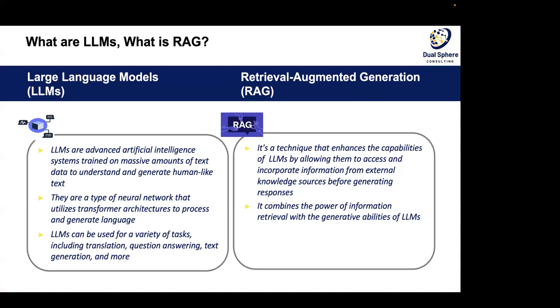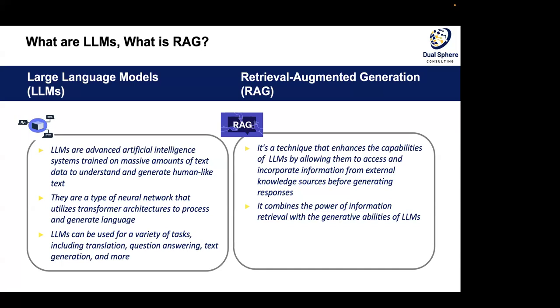Now, what is RAG? We have learned what a large language model is. If we give a command to a large language model, it will give you the answer, but it will hallucinate a lot. What do we mean by hallucination? Let's say I'm building a proposal and I ask what should be the price for this project.